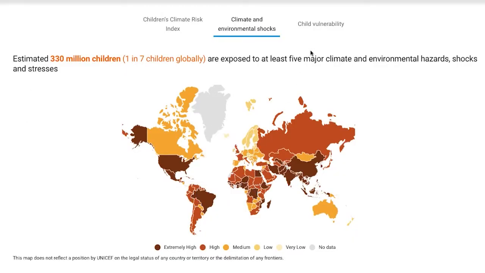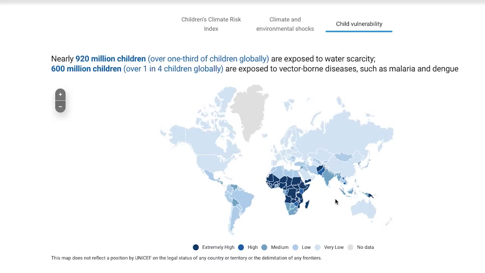So children, for example, suffer particularly certain illnesses associated with lack of nutrition. Certain diseases impact children in different ways, and they have very little agency themselves. So UNICEF are particularly interested in us getting the data and working with them to combine that into a global risk index.